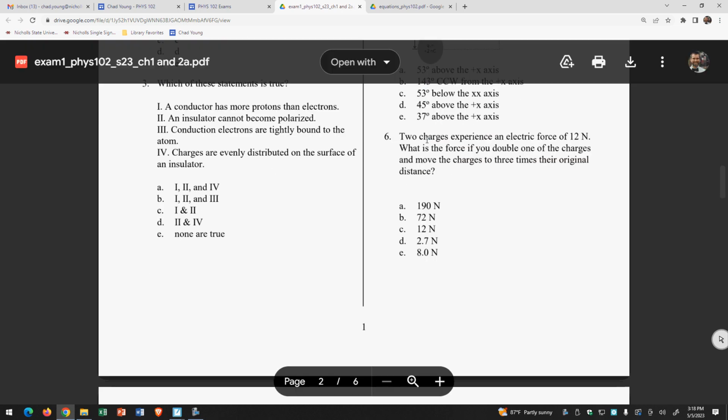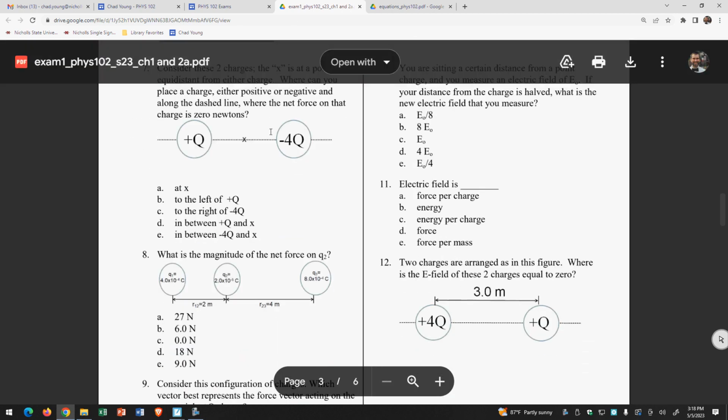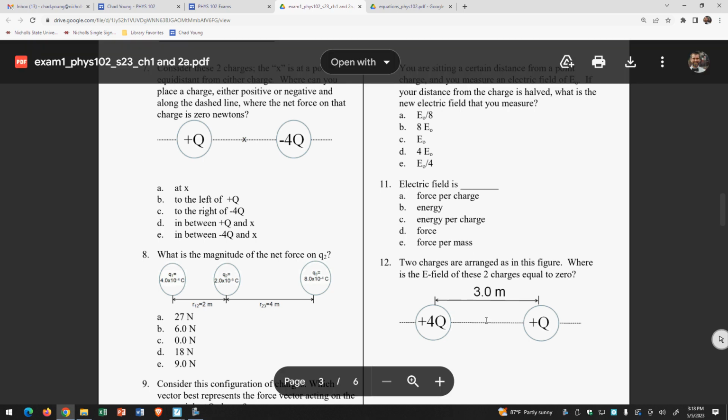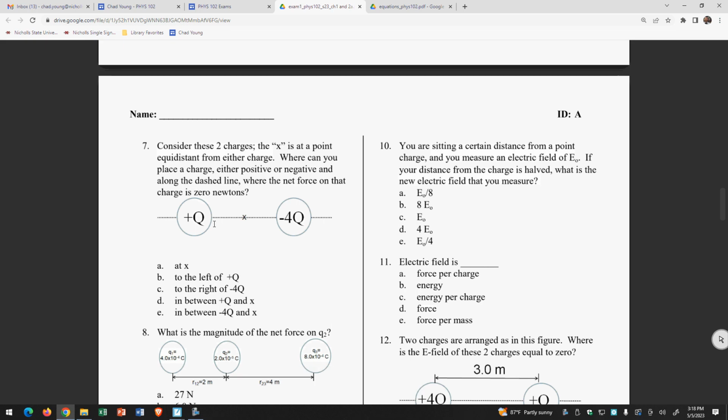There's these relationship type problems where I ask if you change something, how does that affect the force or the electric field? There's these things about how does the force or electric field go to zero? That's number 7 or 12. Yeah, students had difficulty with that. So when you encounter one of these, and there are 2 that are similar, number 7 and 12, pretty good chance you're going to get one of those.